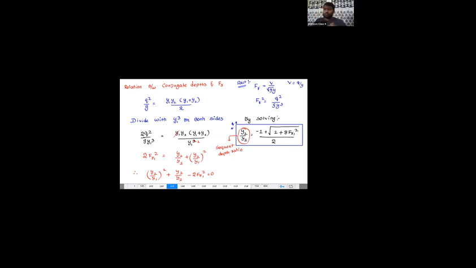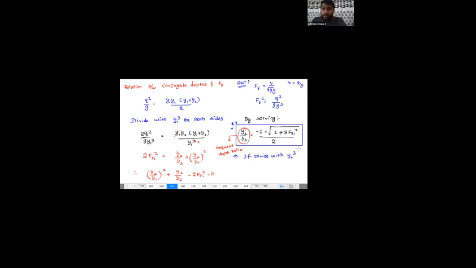So now here, if you observe, this is a sequent depth ratio. So if I divide with y2 cube, then the relation is going to be exactly reversed.